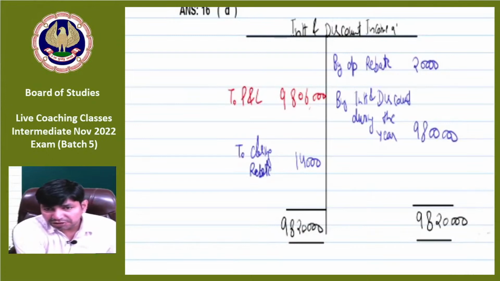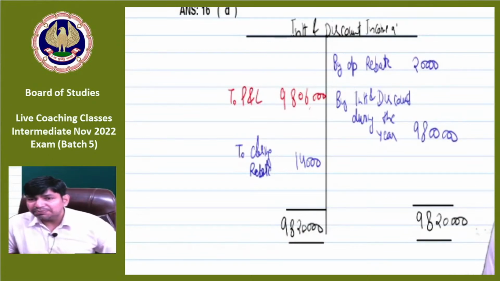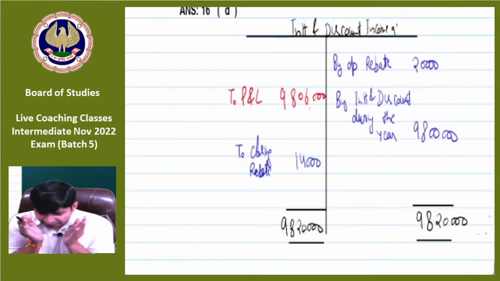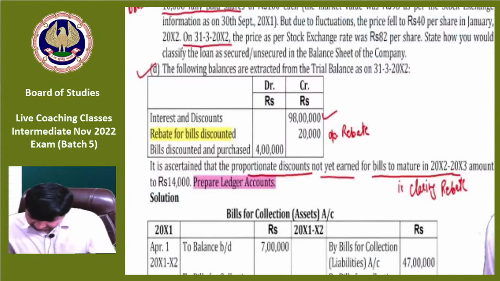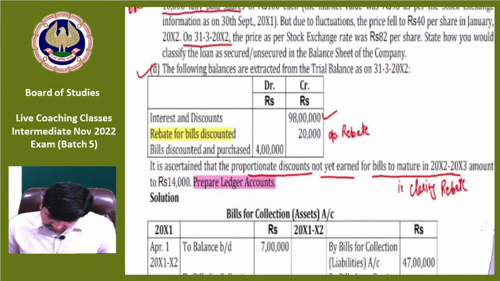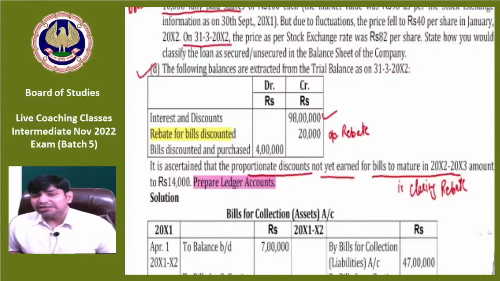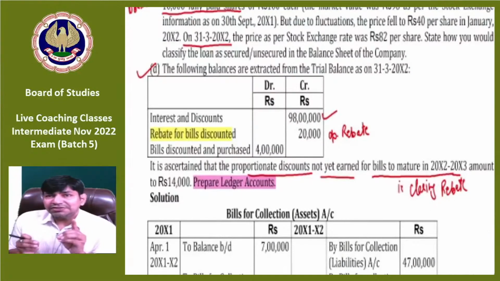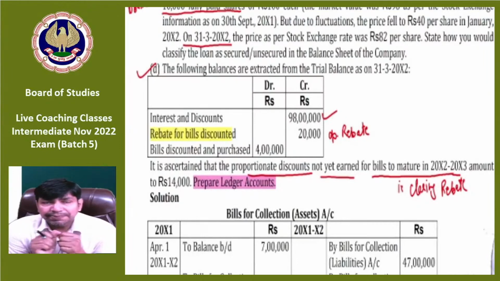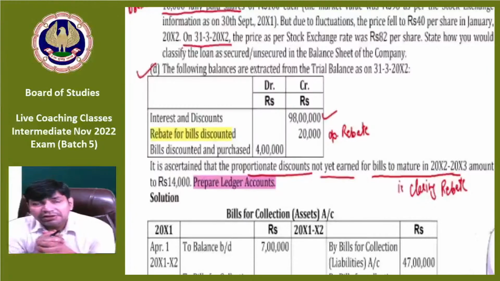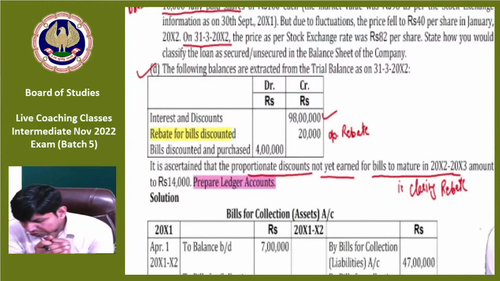Okay, beta. Sir, what about the bill discounted and purchase? Beta, what question is asking? See, what question is asking? Prepare the ledger account. Beta, rebate bills purchased during the year are only the single amount. You can give their closing balance only. That is the ledger. Okay, beta.